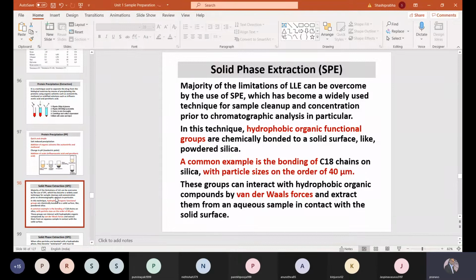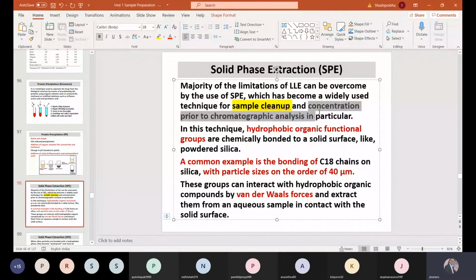This is important. It is used for sample cleanup. That means you clean up the matrix and pre-concentrate the sample. So this is where SPE predominates the other techniques in terms of efficiency.